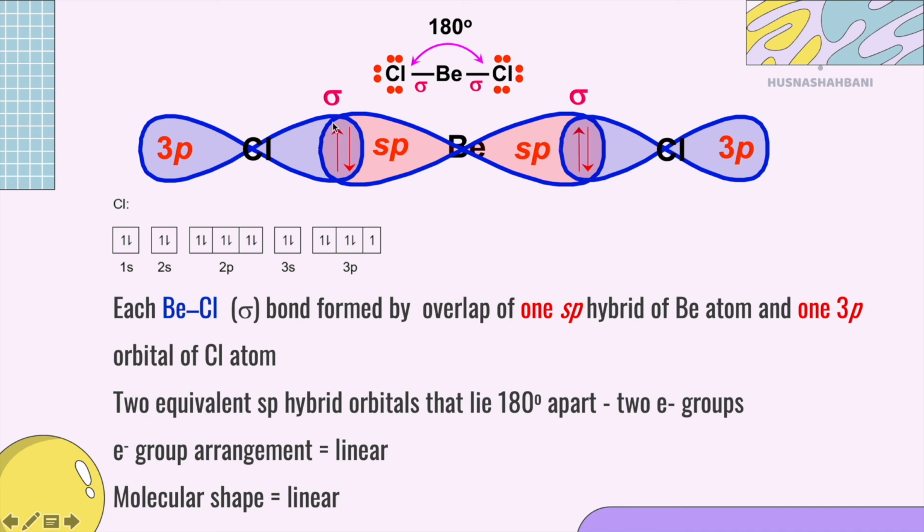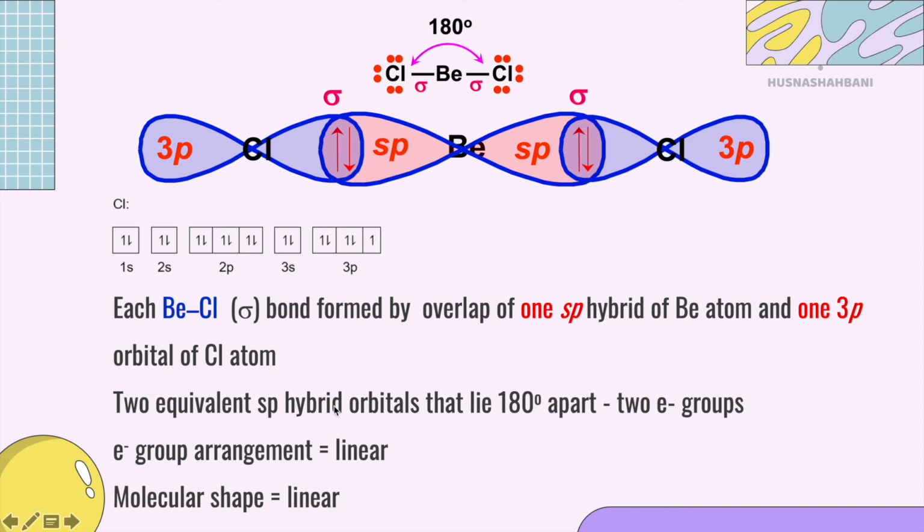So the hybrid, one unpaired electron from Be, one unpaired electron from 3p, overlap, forming a sigma bond. Both sigma bonds are formed by orbital overlap of 3p and sp.